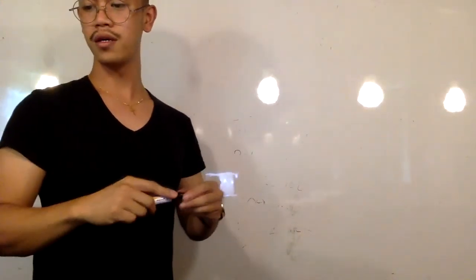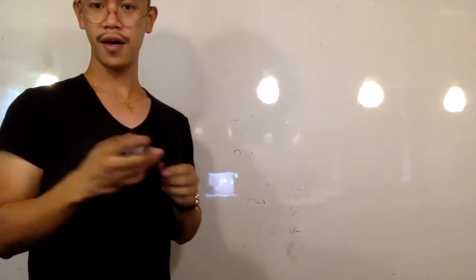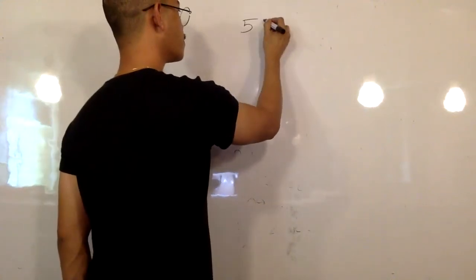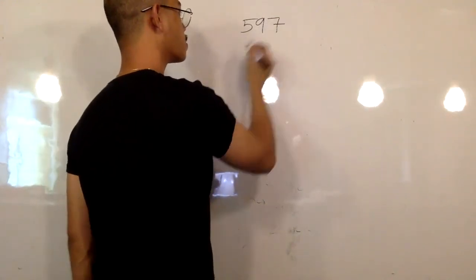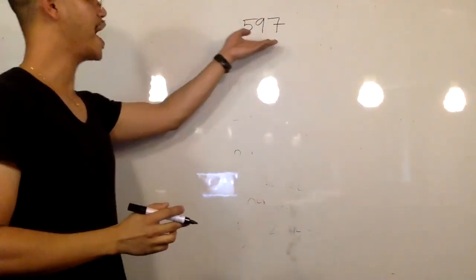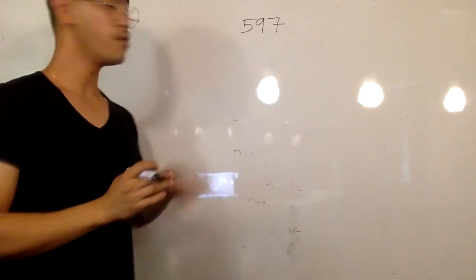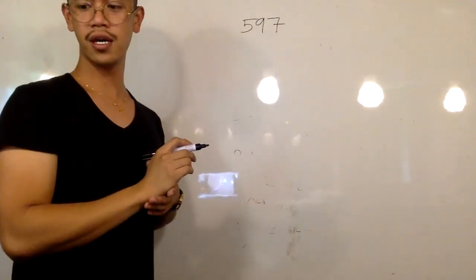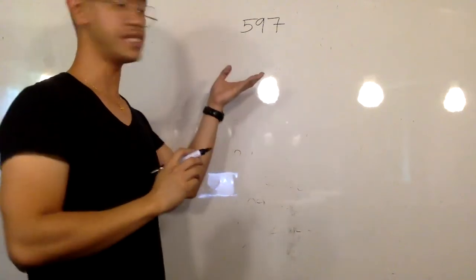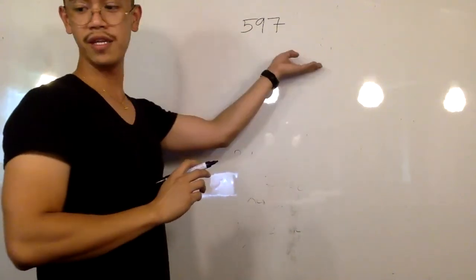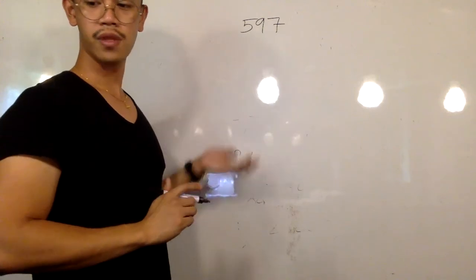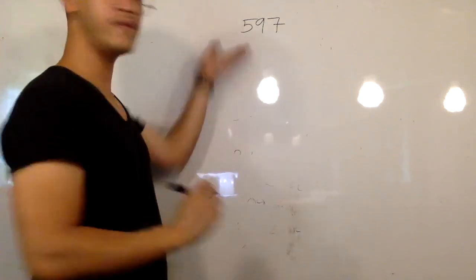Okay, let's see these examples. 597. What is 597 in Mandarin? In words, how do we say 597 in Mandarin? What is 5 in Mandarin?